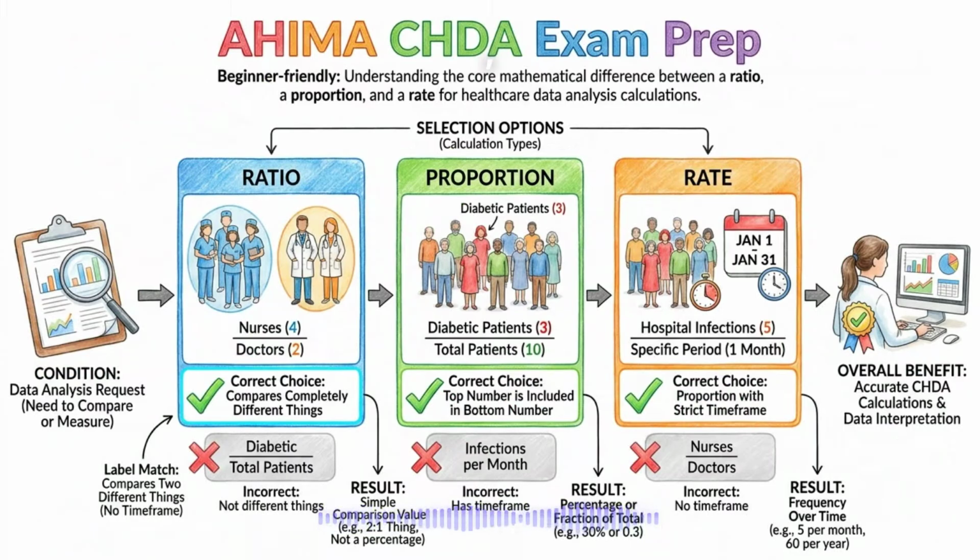A proportion is a type of ratio where the top number is also included in the bottom number, such as the number of diabetic patients divided by the total number of all patients. A rate takes that proportion and adds a strict time frame, measuring how often an event occurs over a specific period, like hospital infections per month.